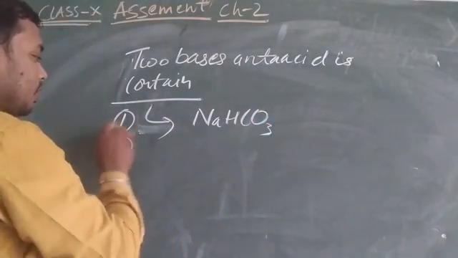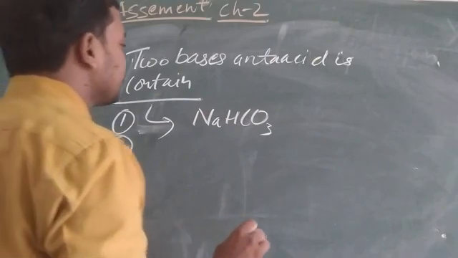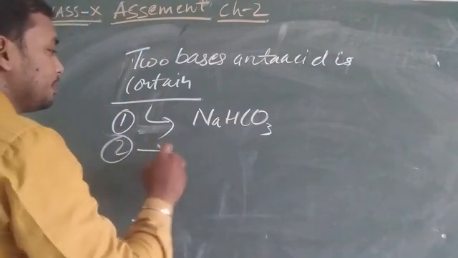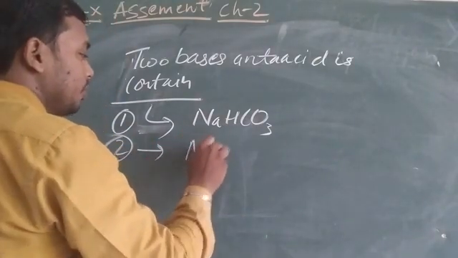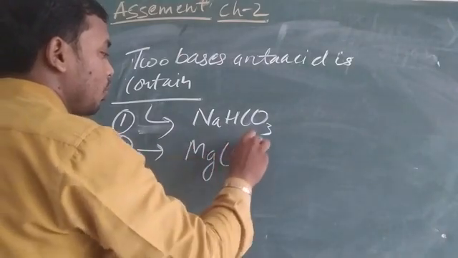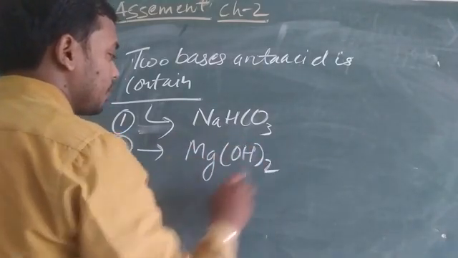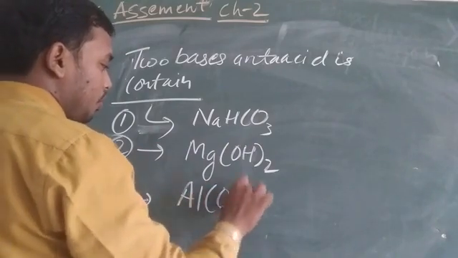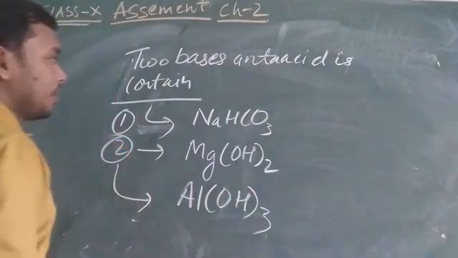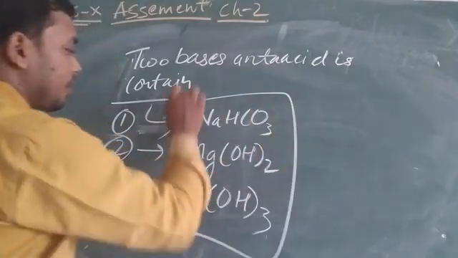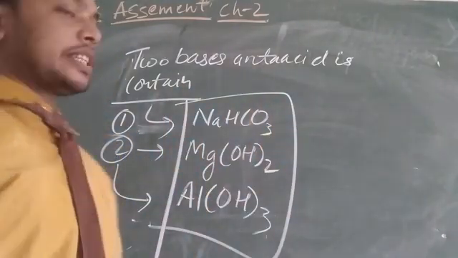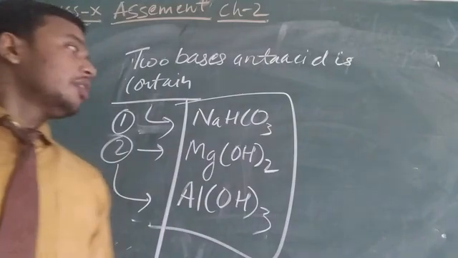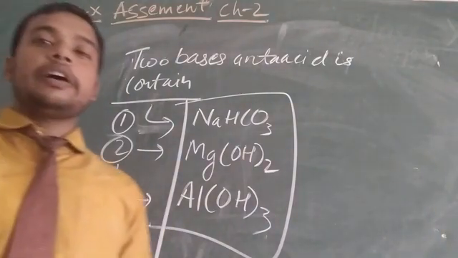Another is Mg(OH)2, and another is Al(OH)3. These are the mild bases that are used in the formation of antacids.